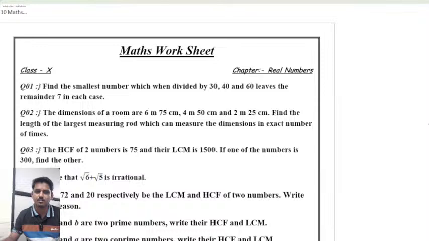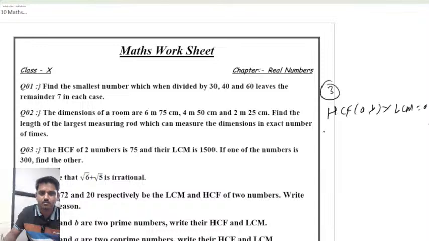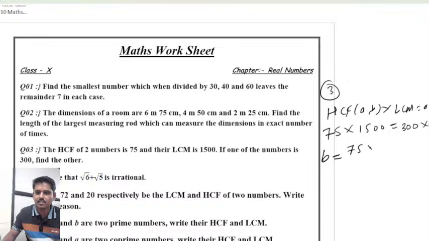So HCF of the two numbers is 75 and their LCM is 1500. One of the numbers is 300, find the other number. So the other number B can be written as 75 into 1500 divided by 300.